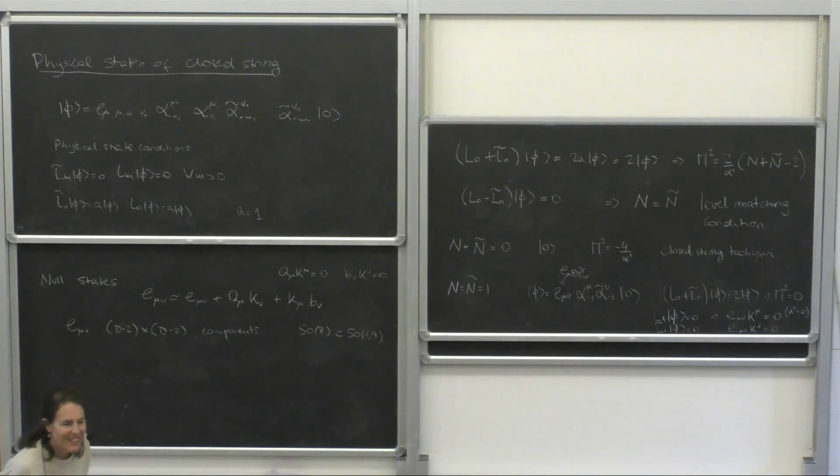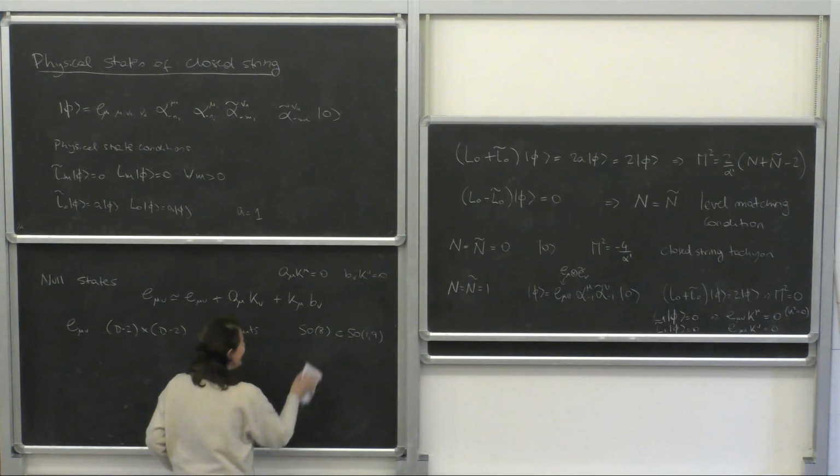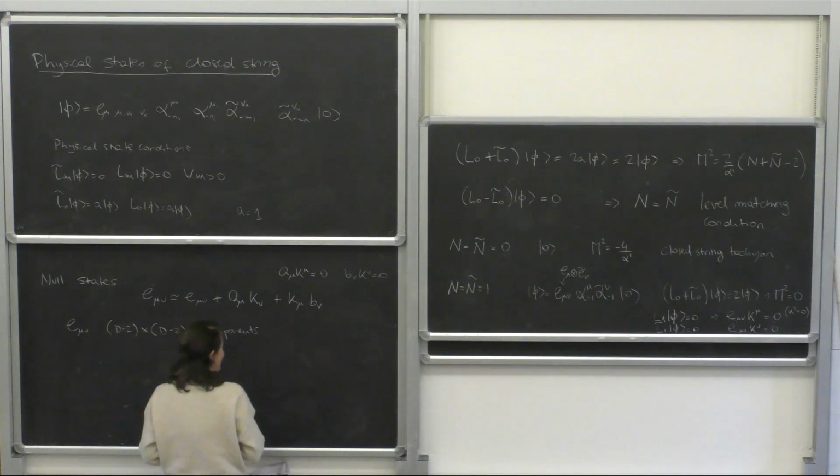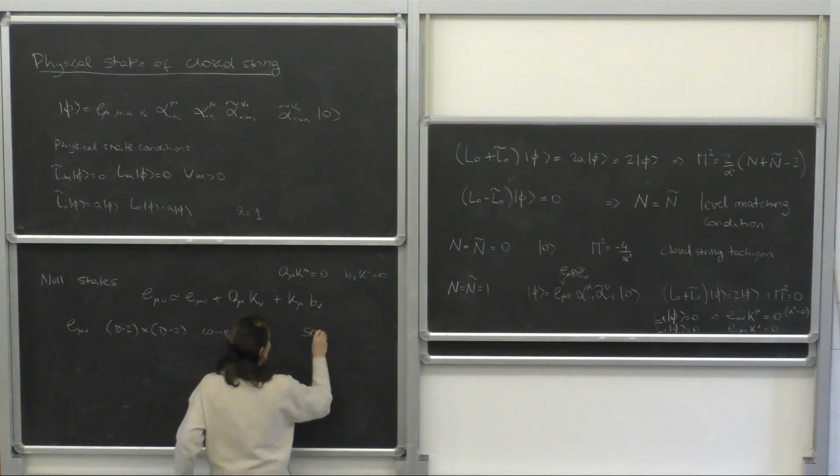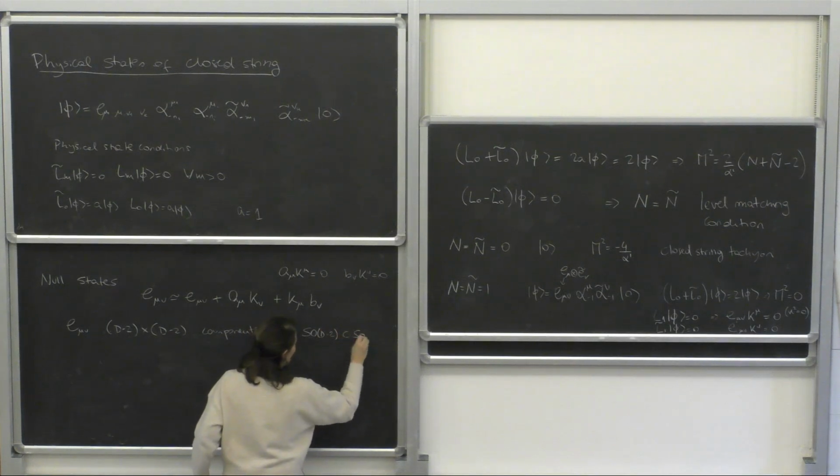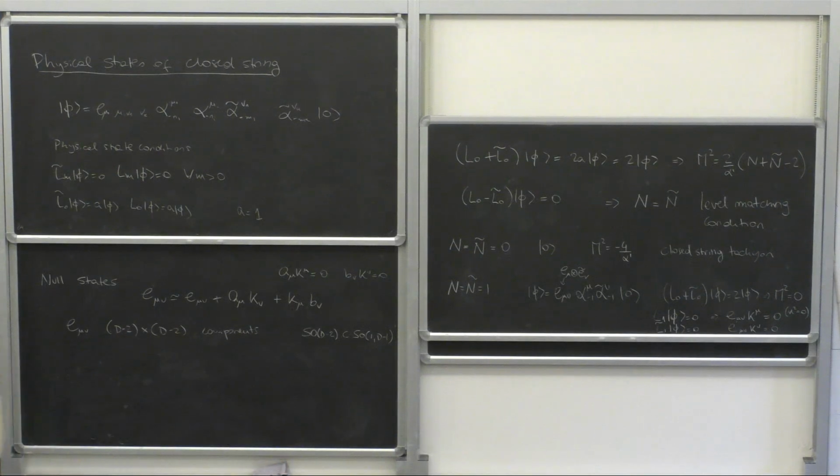Or let's say SO(D minus 2) inside SO(1, D minus 1). Yeah, sorry. Too used to the superstring. And SO8 is so nice that I really want to do SO8 instead of SO24.